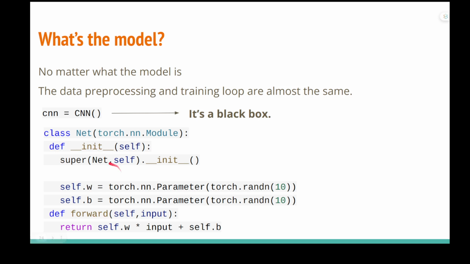Inside the constructor, you need to construct the parameters for your models. This is really important. You need to do this inside the constructor because the PyTorch framework will capture the parameters you create inside the constructor, so that it will return all the parameters when we call the parameters function we mentioned before.